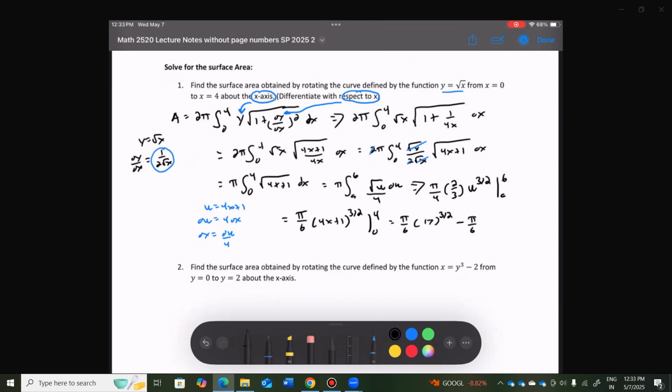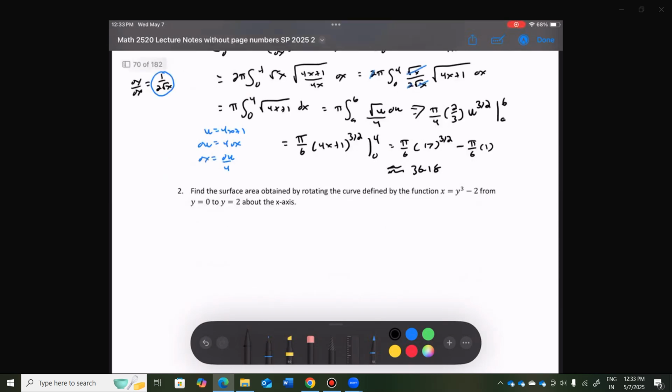I put 0 in, I get 1 to 3/2, which is just 1. So if we plug this into a calculator, we'll end up with 36.18. Alright, so the next one.